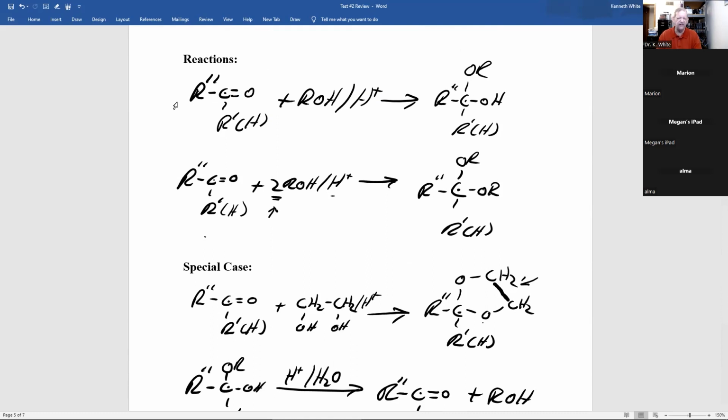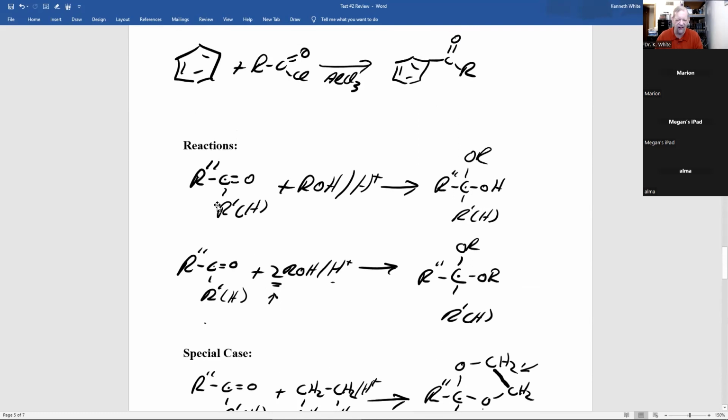And you'll learn later in the semester about carbohydrates, how these two reactions help form carbohydrates. Like the good things, pizza crust, French fries, baked potatoes, rice, all the good things in life.